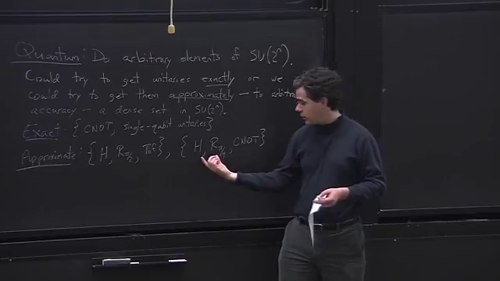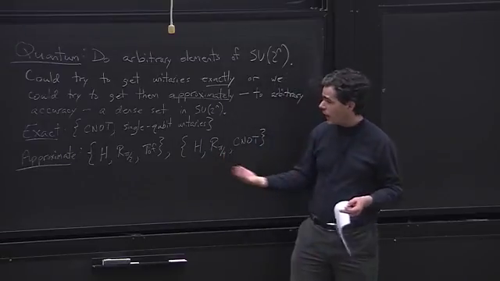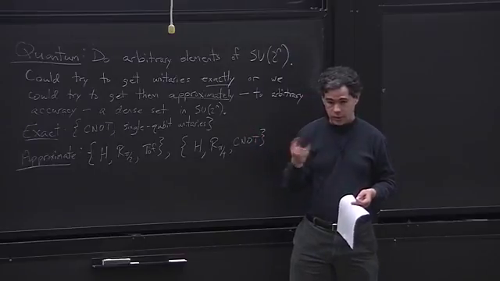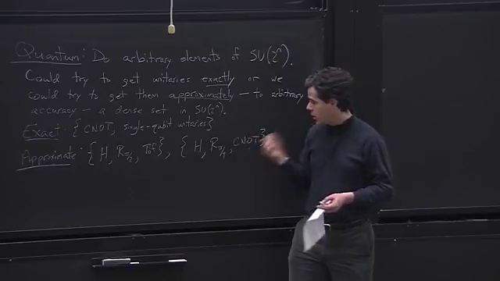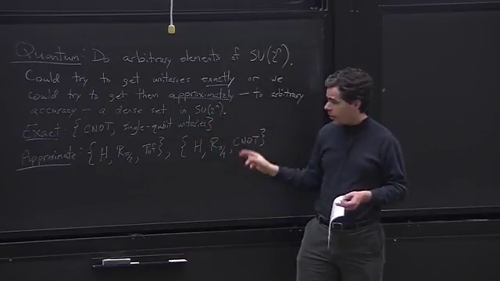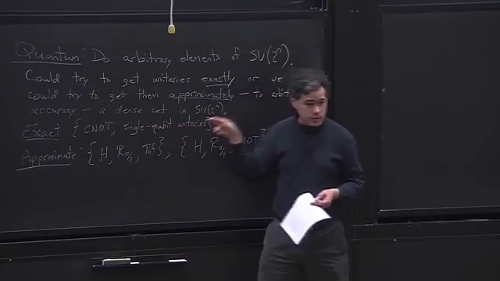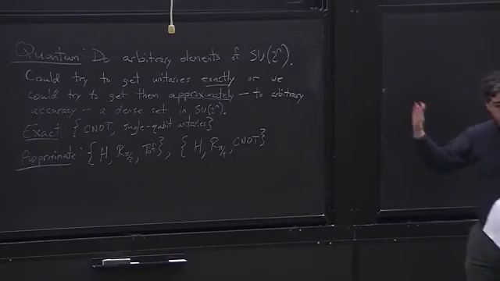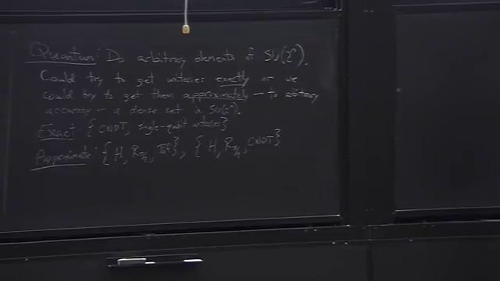You can get an infinite set of gates. And in fact, they're going to be dense in the single qubit unitaries. And so then, of course, once you get dense in the single qubit unitaries, then you're very close to this set. And so you can see how that extends to a universal approximate set of gates. Okay?